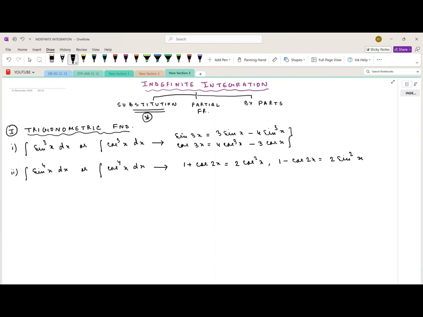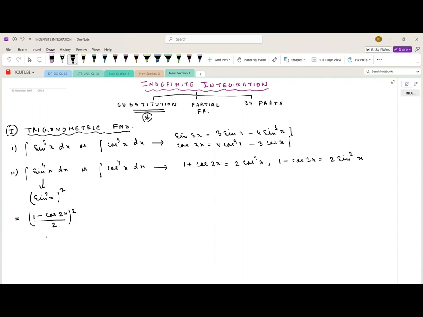So from here, you will write sine 4x as sine square x whole square, and then sine square x is 1 minus cos 2x by 2, whole square.